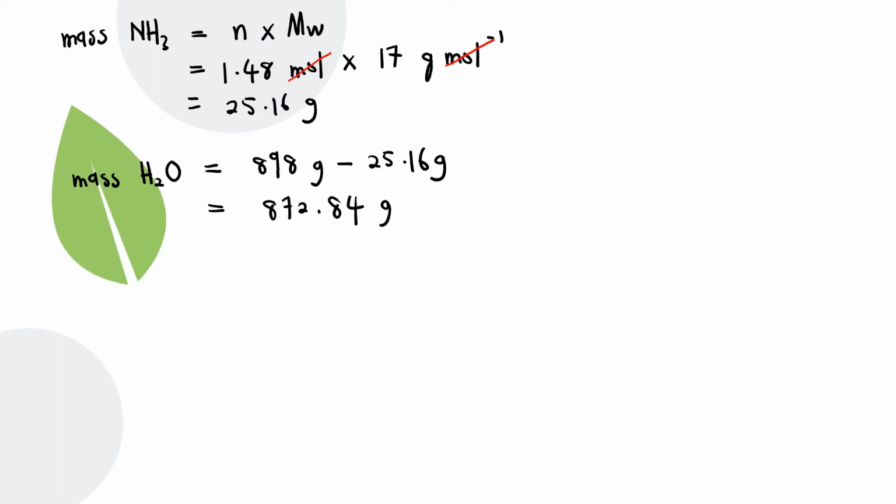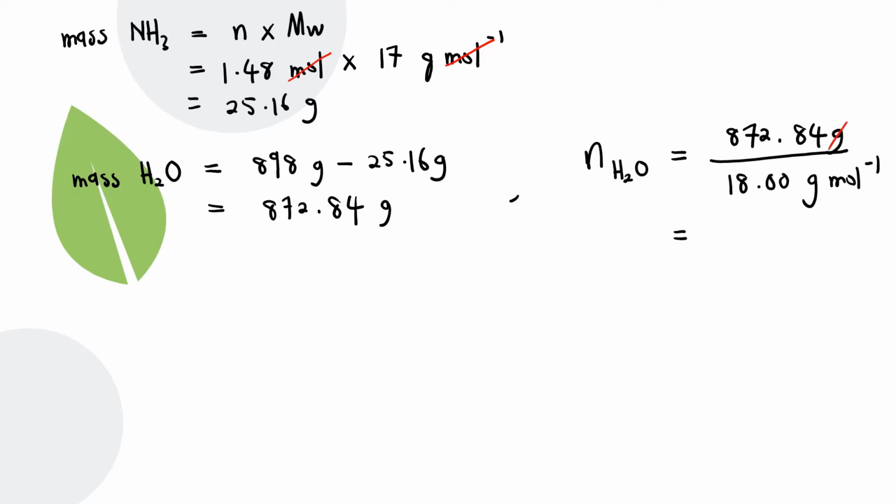From the mass of water, let's find its number of mole. Okay, so now we already have N of ammonia and also N of water.